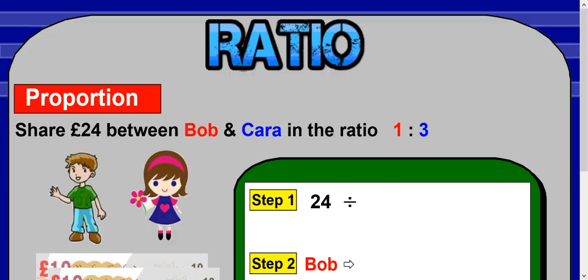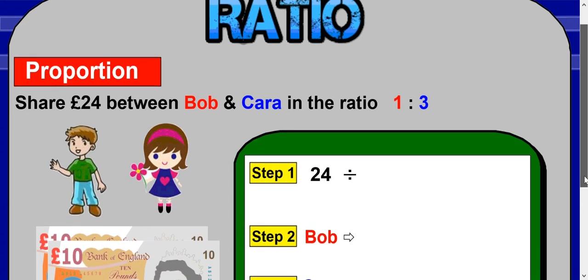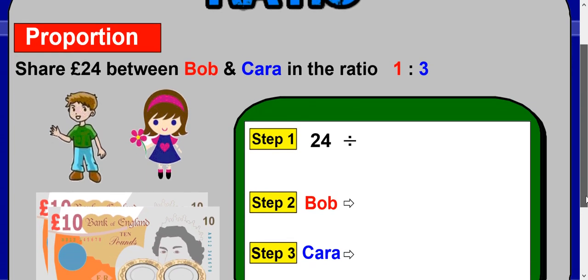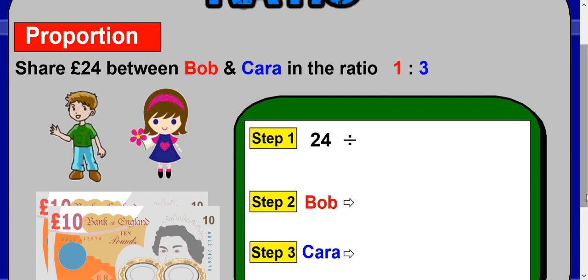Okay, let's look at another example. We're sharing £24 this time between Bob and Cara again, and we're splitting it in the ratio of 1 to 3. So the first thing you've got to do is understand what I'm dividing the 24 into, and that's the total number of shares. So the total number of shares here is 4. So you're splitting it into 4, and that gives you £6.